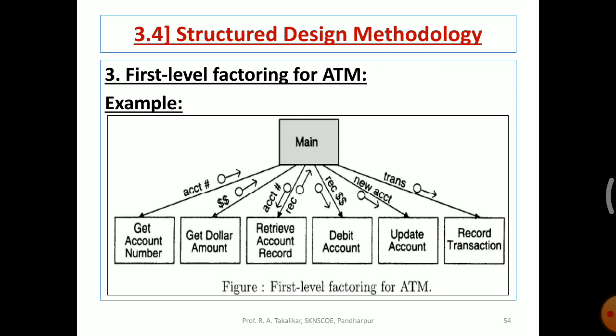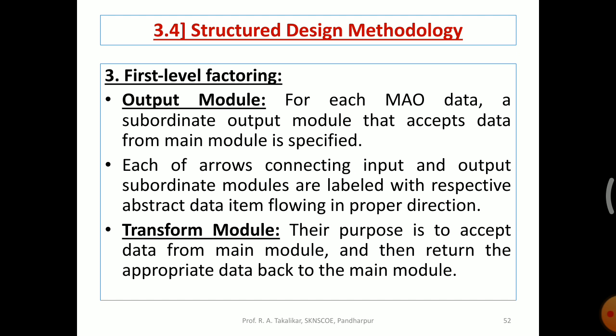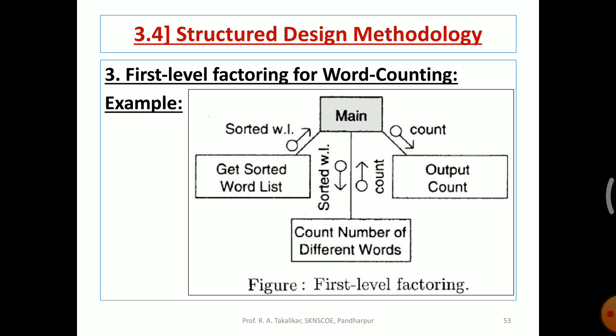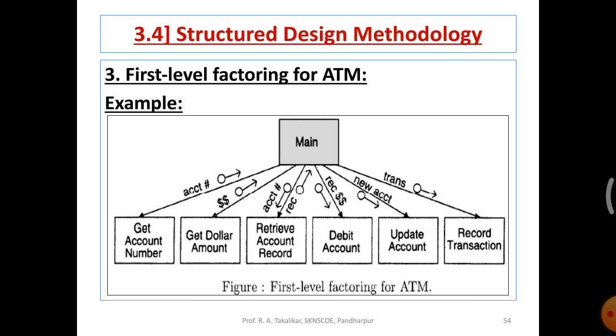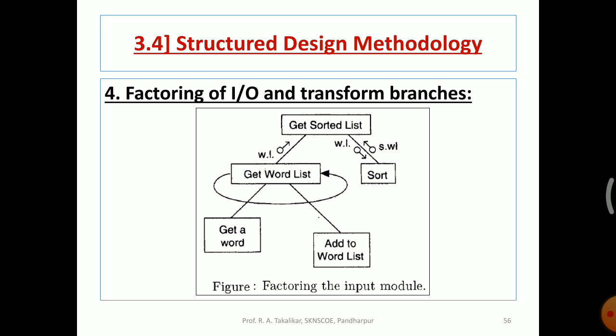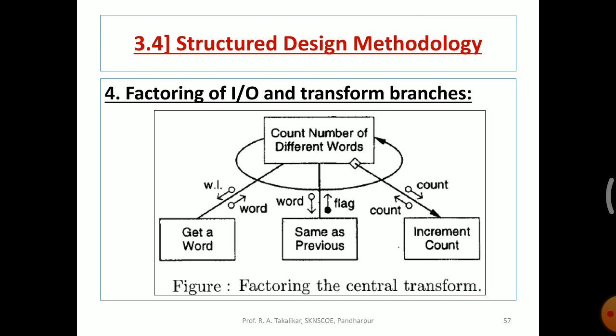You can see in the first level factoring that this module has been again factorized into multiple subordinate modules. So the fourth step suggests that you keep on performing the factorization on every module that you want.